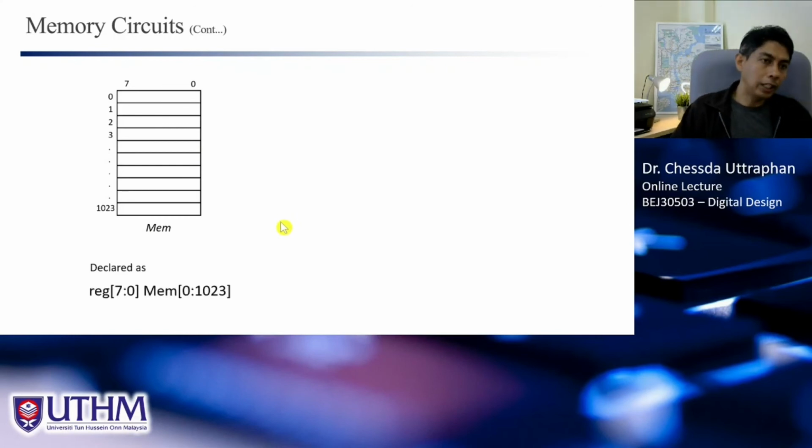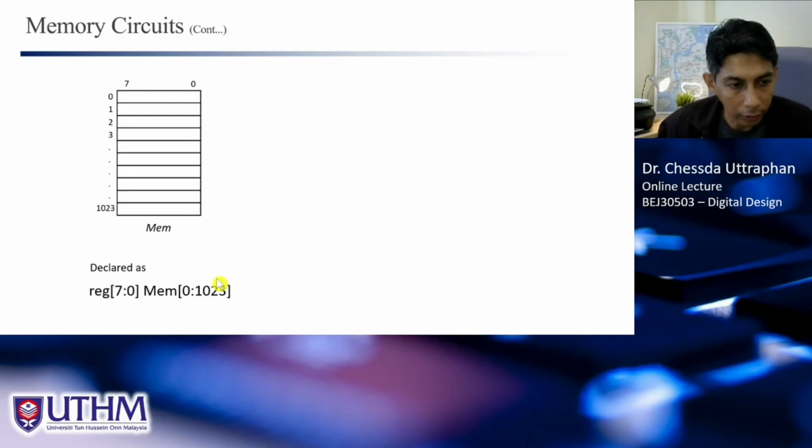Now how do we create a memory in Verilog? It is actually very easy, and it is declared like this. To declare a memory like this in Verilog, it is declared as reg [7:0], then the name of the memory. The name in this case is MEM, but you can have any name that you want.